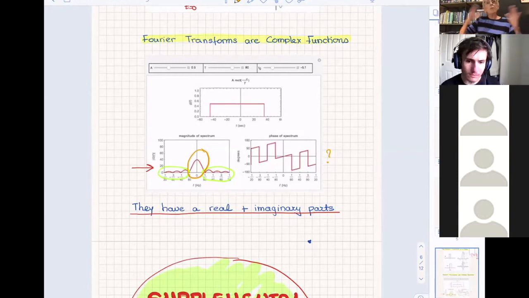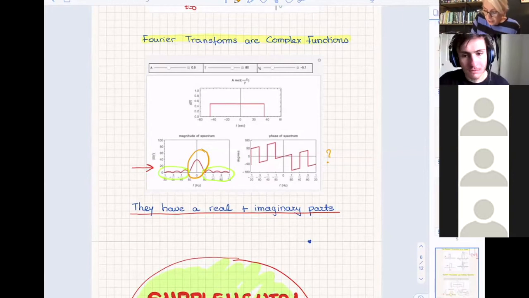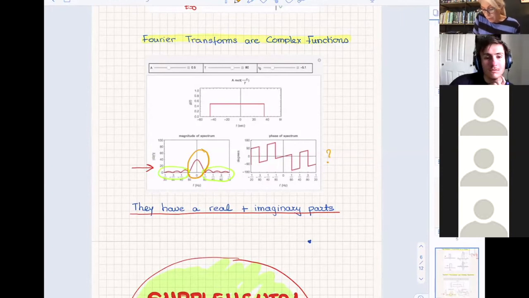We need to amplify all the frequencies if possible the same way, all right? We will need to not change the phase between the frequencies. If we change the phase, it has to be in a way that can help us extract what we do to it as it goes through. So in an ideal filter, we want this to be a straight line. If that were a filter with this kind of performance, this kind of phase is not good. So these are some of the things that we have to keep in mind.